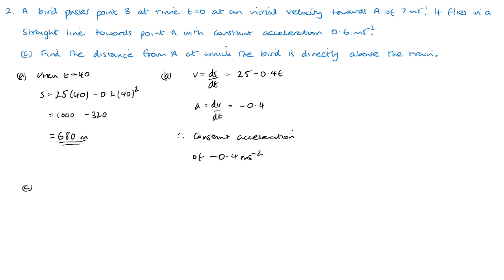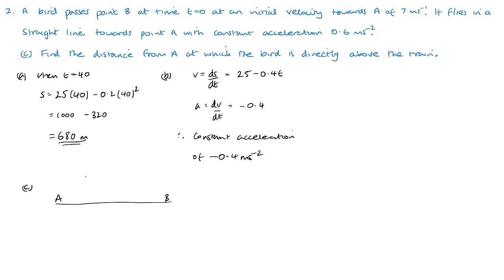Now part C, we've got a bird passing point B at time t equals 0 at an initial velocity towards A of 7 meters per second. It flies in a straight line towards point A with constant acceleration of 0.6 meters per second squared. Find the distance from A at which the bird is directly above the train. So let us just sketch what's happening.